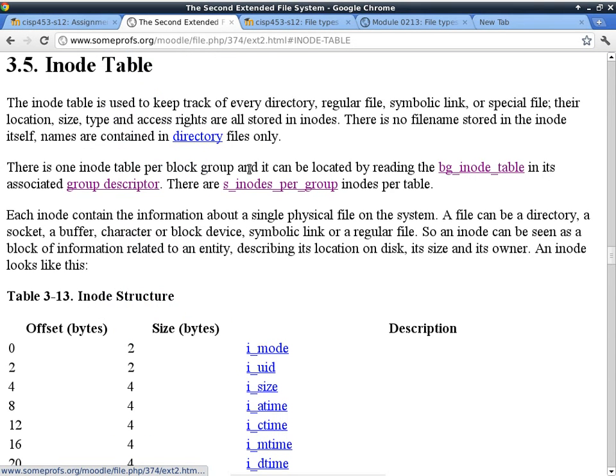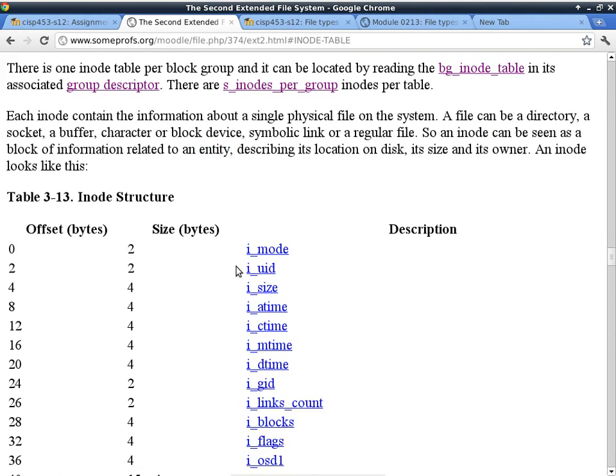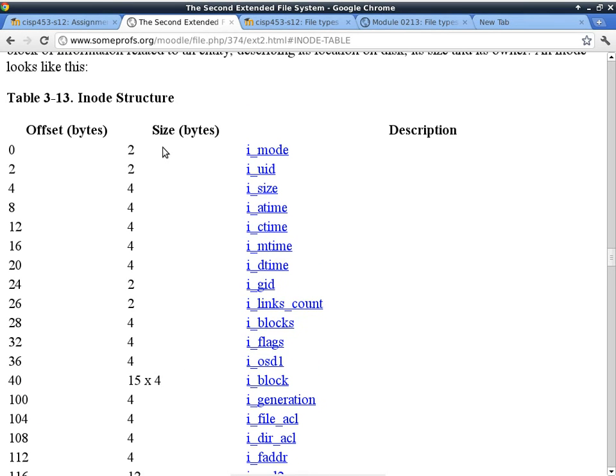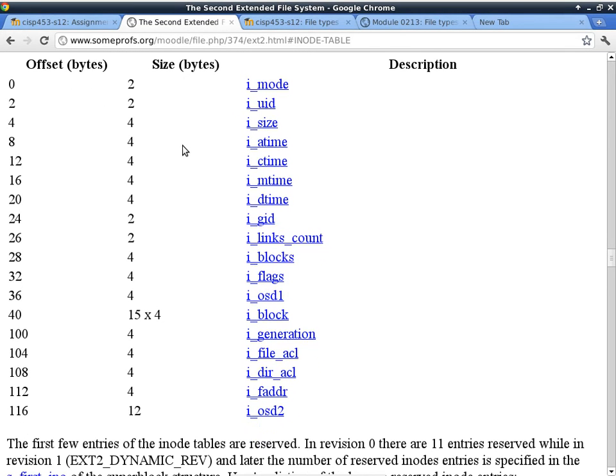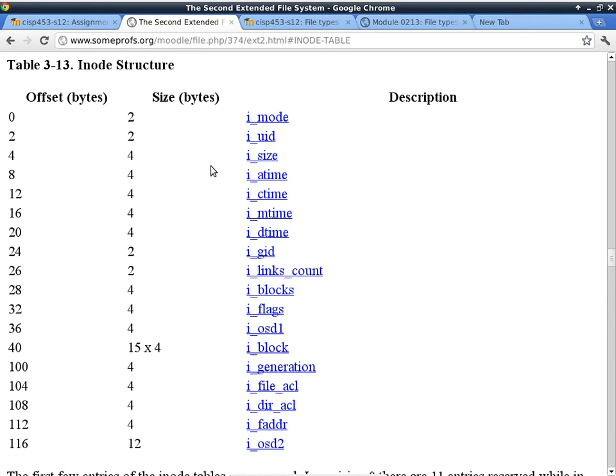Okay, so we have the inode table here. The inode structure, in other words, each entry in the inode table, has this particular structure. And how big is one inode structure? 128 bytes. Are we starting to see a pattern here? It seems like all the quote-unquote record sizes are powers of 2.